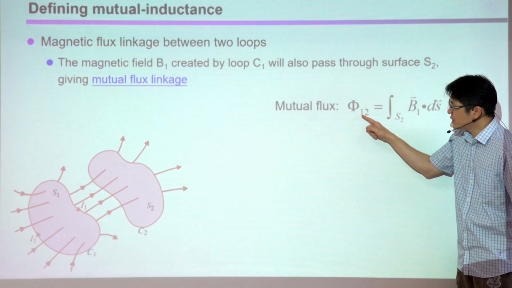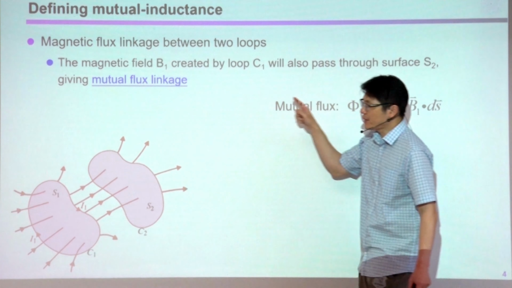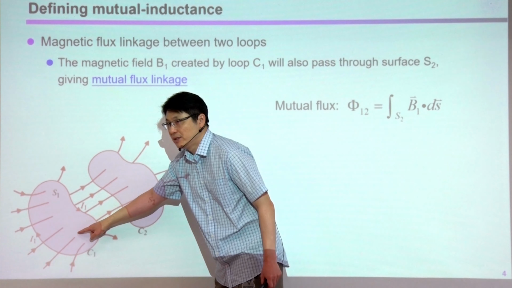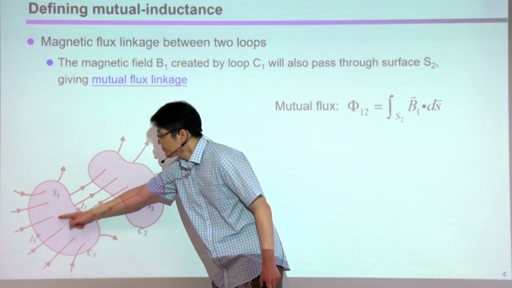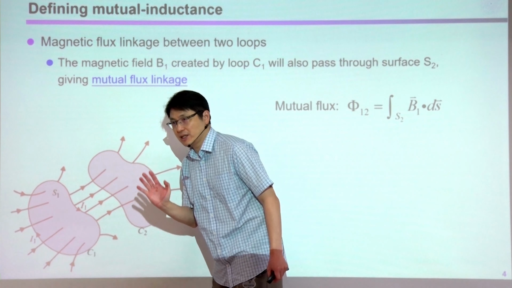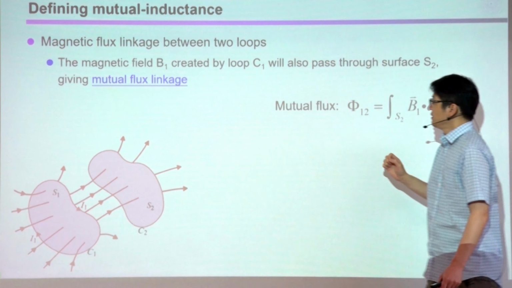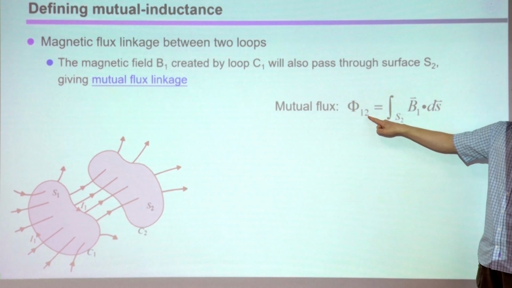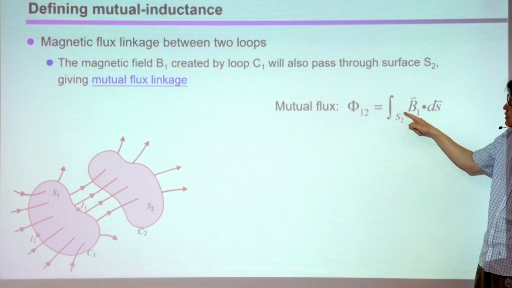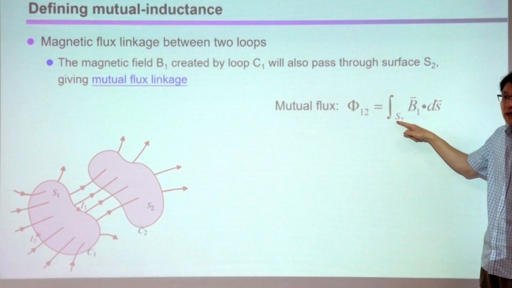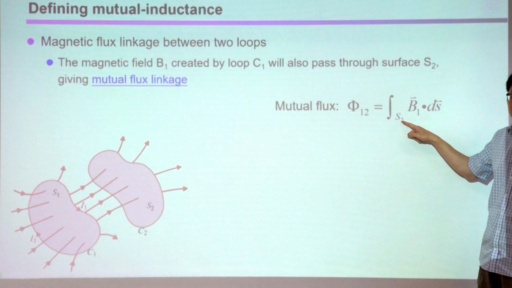Phi 1, 2: 1 means loop number 1 is responsible for generating the field lines, but the surface integration is performed over the surface area of the second loop.